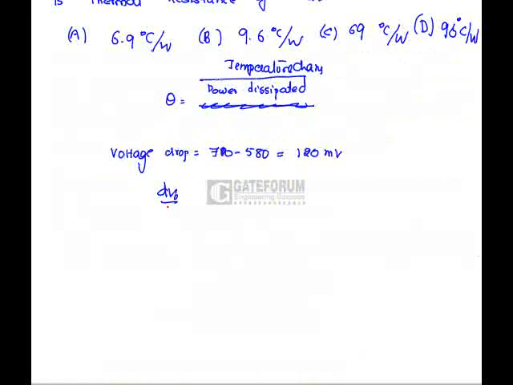dV by dT, the change in the diode voltage with respect to change in temperature, is 2 millivolts per degree centigrade. There is a 120 millivolts change, means the temperature change must be 60 degrees. Change in junction temperature is 60 degrees centigrade.